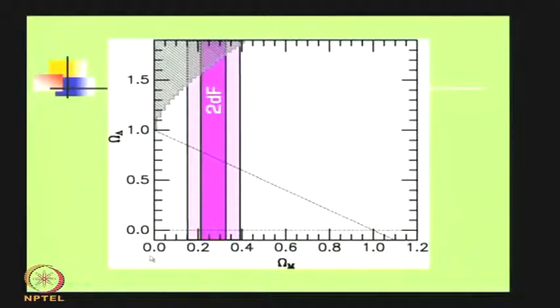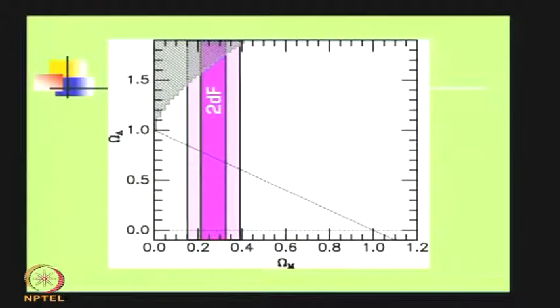These observations currently exist at low redshifts, and they constrain omega matter, not omega lambda, and they indicate that omega matter is around 0.3.